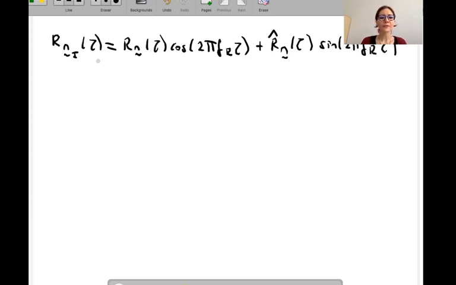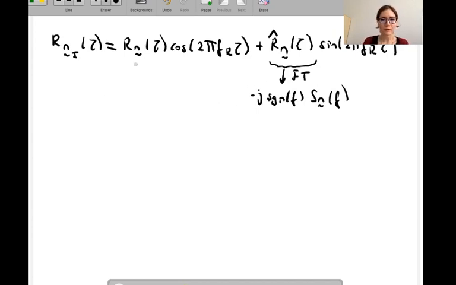Now from now on there is nothing random in this equation, right? It's a deterministic time function. So let's first write down the Fourier transform of the Hilbert transform of Rn. Its Fourier transform is minus j signum f times the spectrum of Rn of tau, so Sn(f). Why? Because the Hilbert transform is a linear LTI operator, and this is its frequency response.